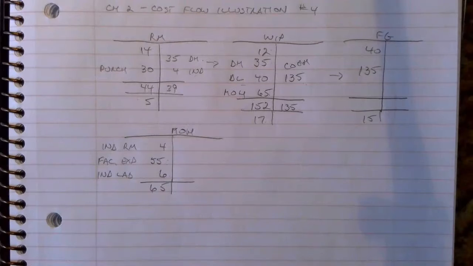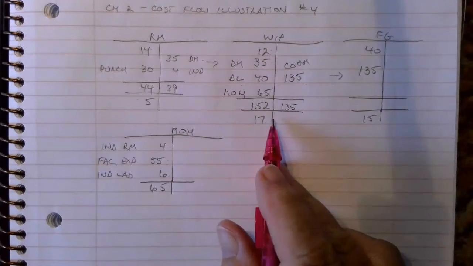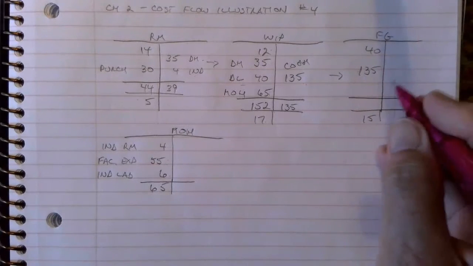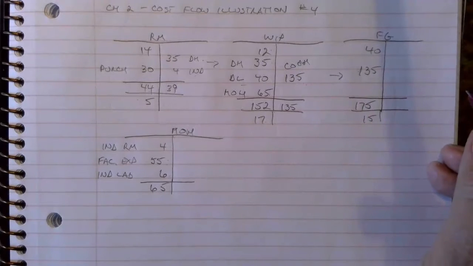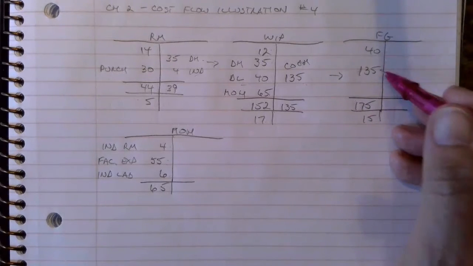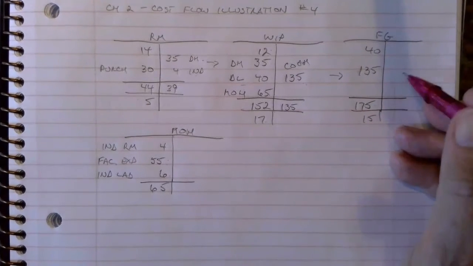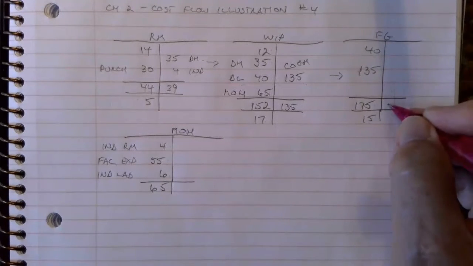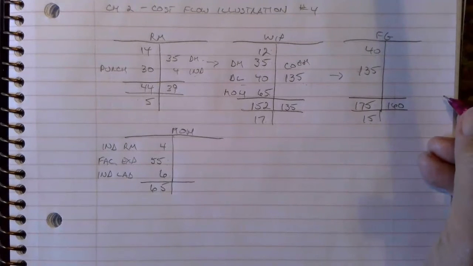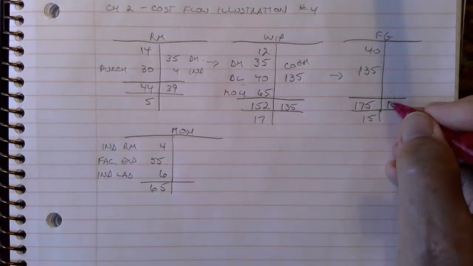Okay? I feel like we're missing something, but we'll see what happens. 135. So now here I've got 175 in, yeah, okay. 135 came over, 175 is available, 15 is left over, so we must have had 160 that went to cost of goods sold, okay?